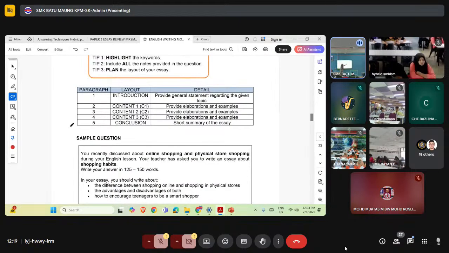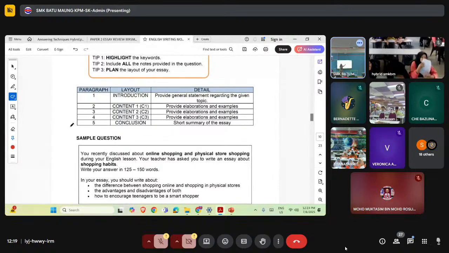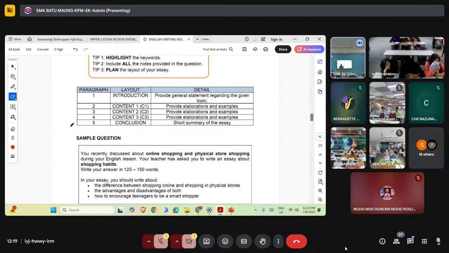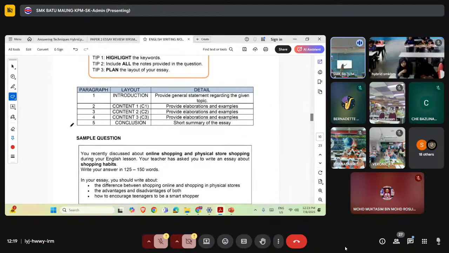After elaboration, you need to give examples. How many words do you need to write? 120 to 150 words. The 150 words come from the elaborations and examples. Otherwise, if you only write the content point, you won't get many marks for that. You have to elaborate and give examples.